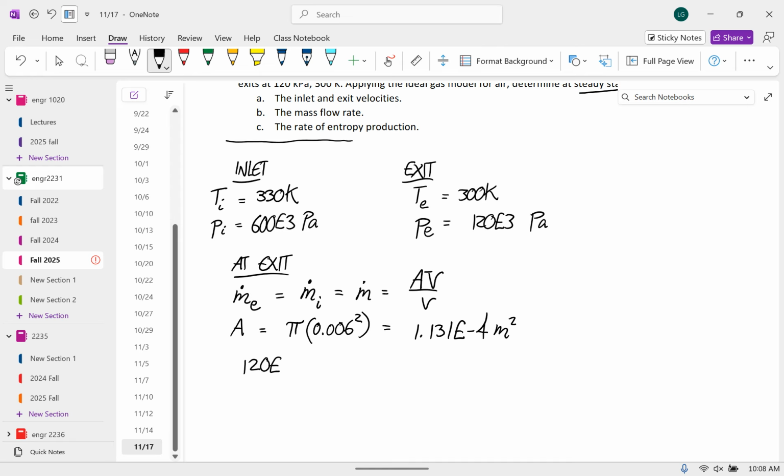So 120 times 10 to the third times the specific volume at the exit is equal to, for air, 287 times the temperature of 300. And so V exit is 0.718.